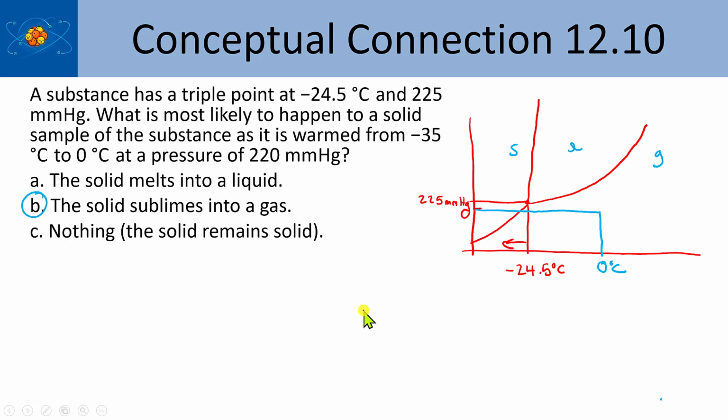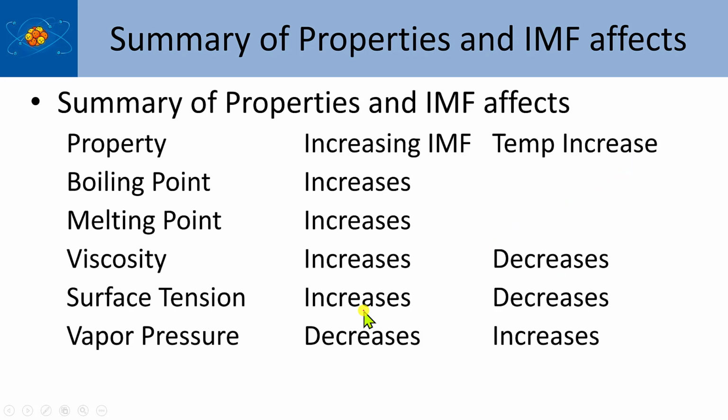I have one other slide that I should have put in earlier, but I wanted to summarize real quickly the properties and the effects of intermolecular forces. These are the properties. If you increase the intermolecular force, we know the boiling point increases, the melting point increases, viscosity increases, and surface tension increases.